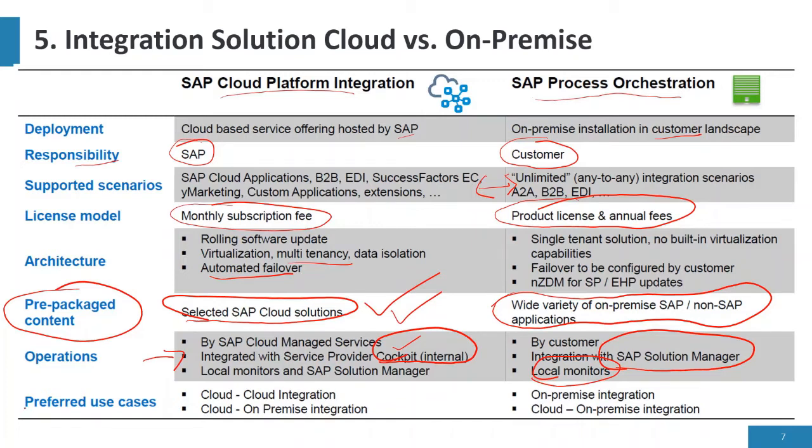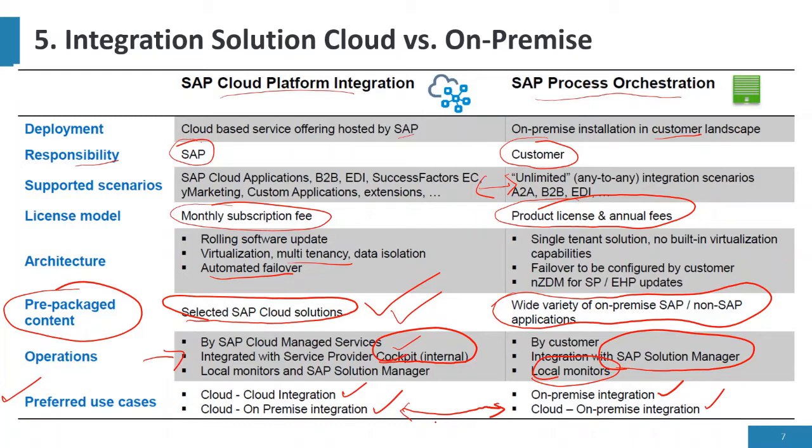So what is the preferred use case? If we are going for cloud to cloud, then CPI is preferred. Cloud to on-premise, then this is preferred as well. PIPO on-premise is preferred when you have all on-premise integration. When you have cloud to on-premise, you have an option whether to go for CPI or PIPO.